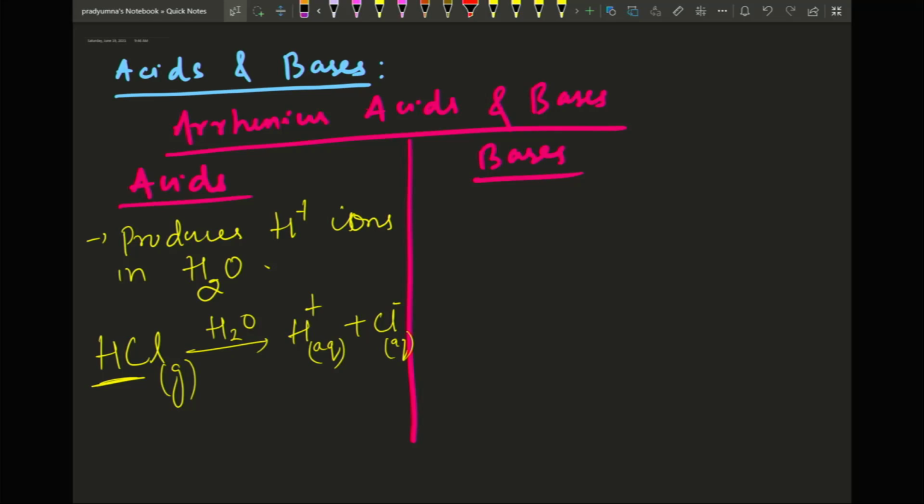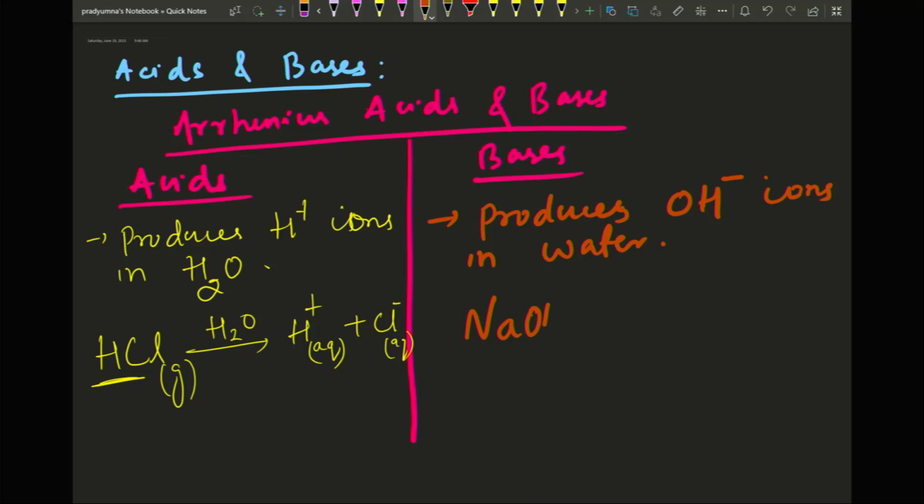That's why it's an Arrhenius acid. So what is a base? A base is something that produces OH minus when put into water. So it produces OH minus ions in water. What is an example? Your basic example is sodium hydroxide, which is a solid, and you put it in water.